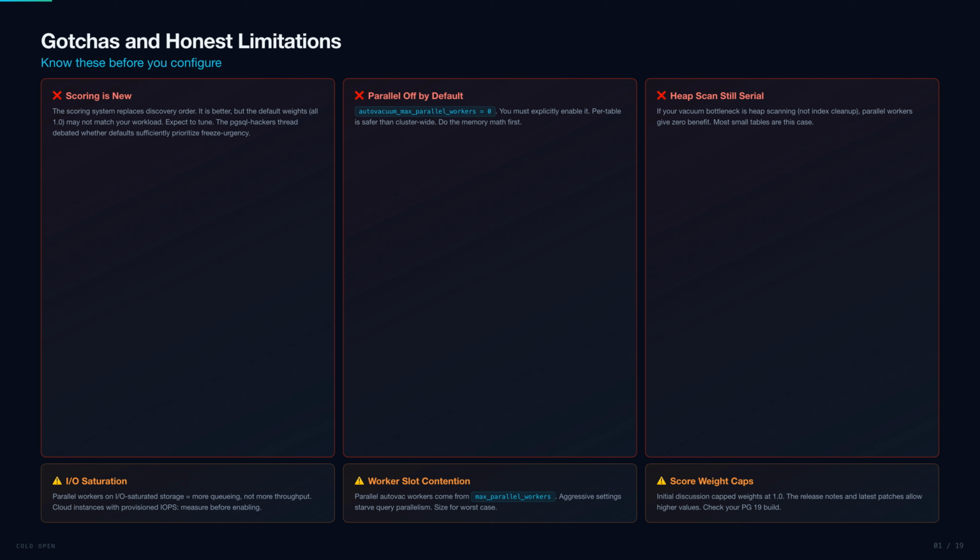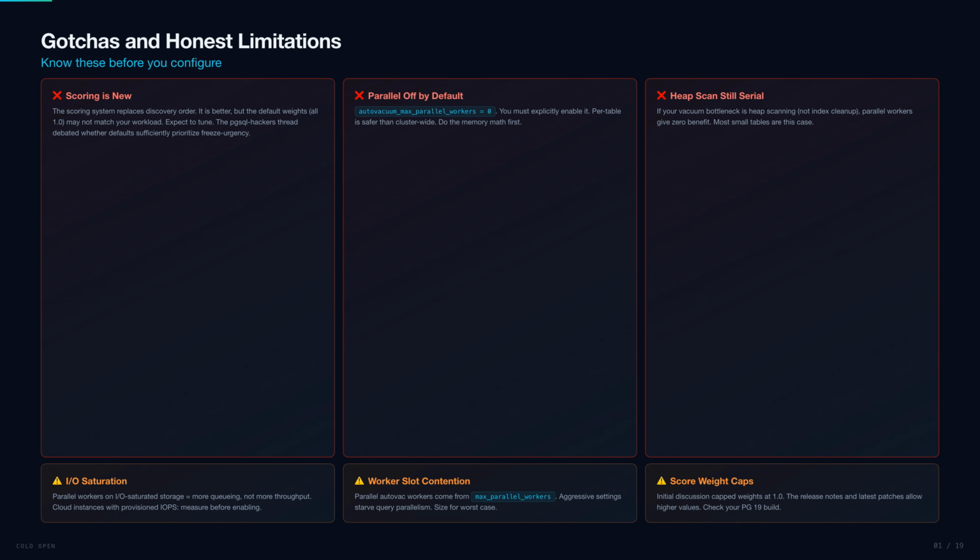You must explicitly enable it. Per table is safer than cluster-wide. 3. Heap scan is still serial. If that is your bottleneck, parallel gives zero benefit. 4. I/O saturation. Parallel workers on I/O saturated storage equals more queuing, not more throughput. 5.